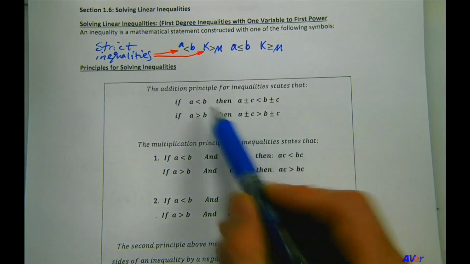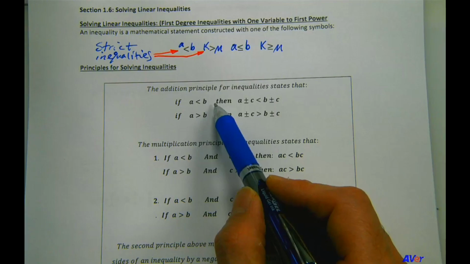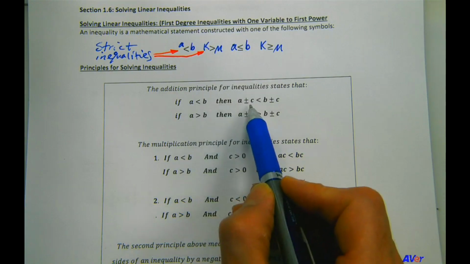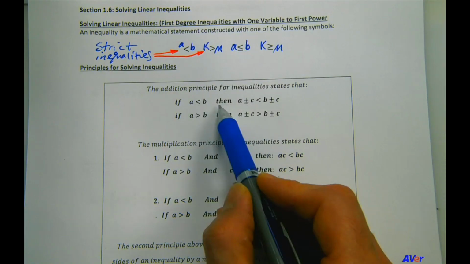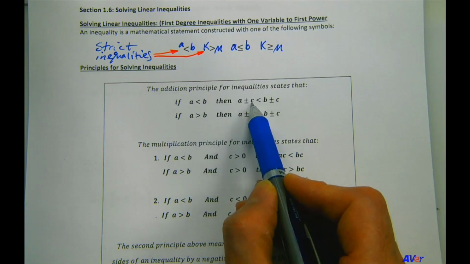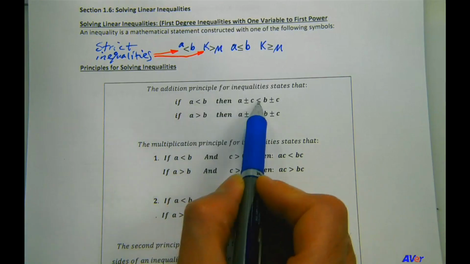Now there are some rules and principles that govern the meaning or interpretation of an inequality. For example, the addition principle says that if you have an inequality and you add or subtract the same constant value to both sides, the inequality is preserved.